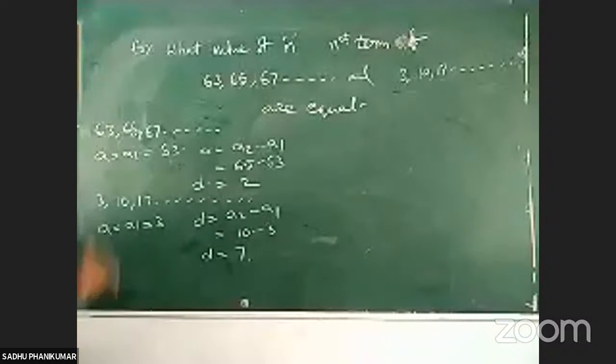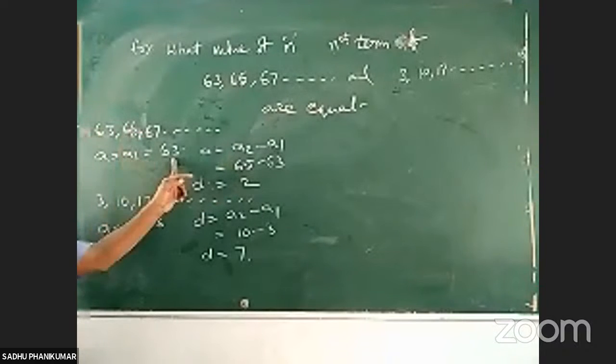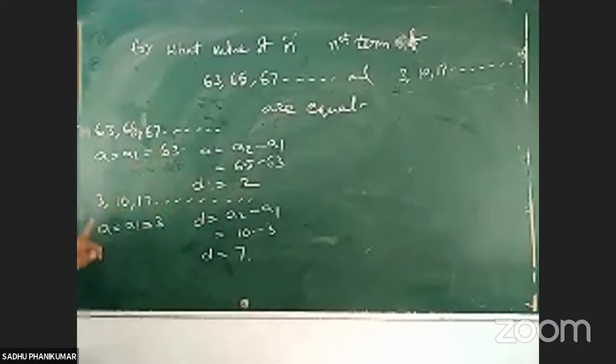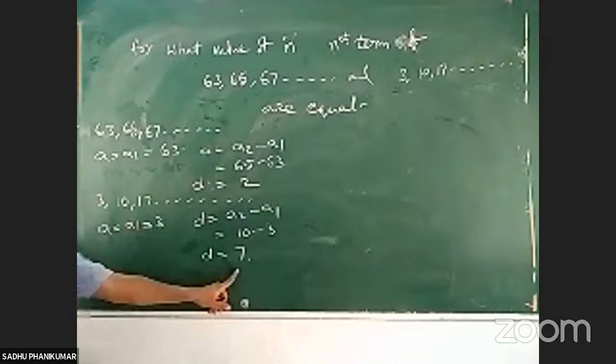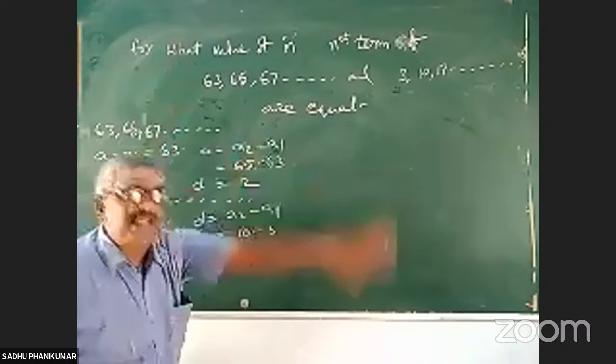In the first progression, the first term is 63 and the common difference is 2. In the second progression, A is equal to 3 and D is equal to 7. We have to find which term of both of the progressions are equal.